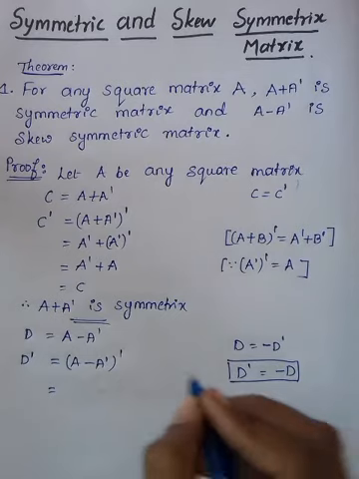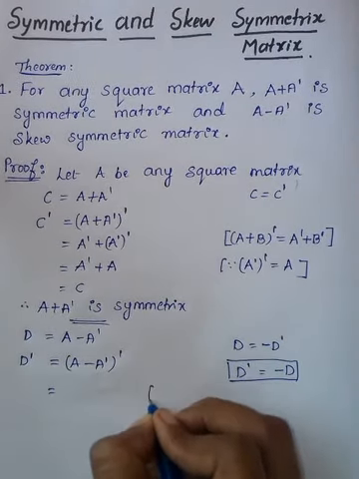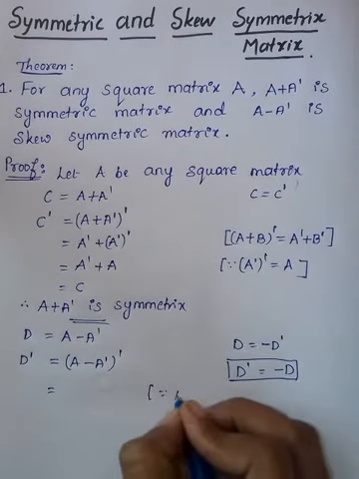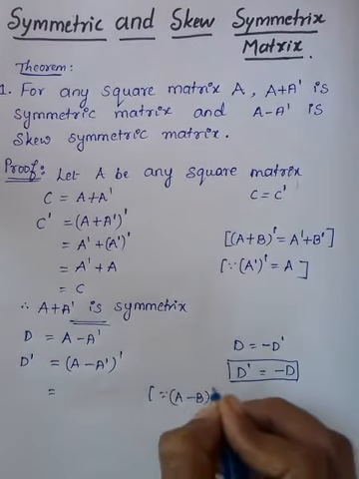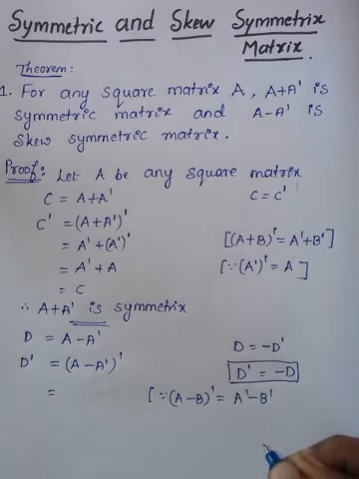That is A minus B whole transpose, which equals A transpose minus B transpose.